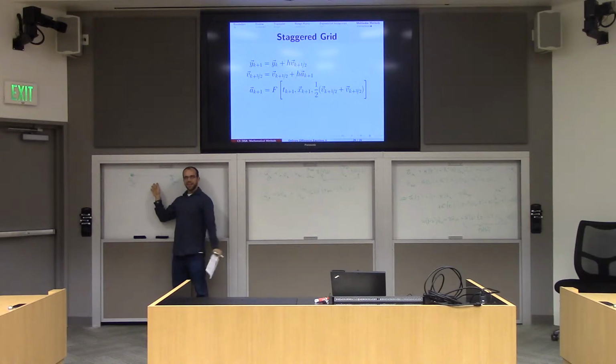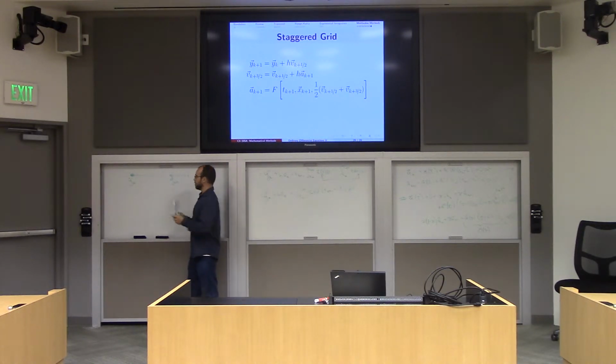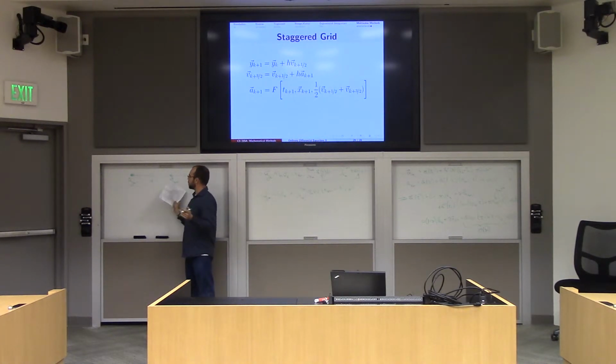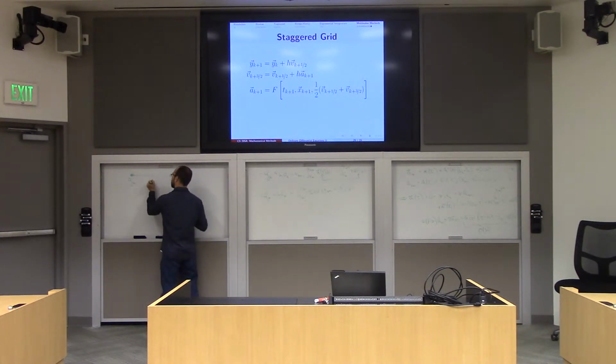But somehow, democratically speaking, if you don't know where to put your divided difference derivative, it kind of makes sense to put v here, because anything else you do is inducing error. In fact, you saw it: it's a first order approximation of the derivative at these two places, and second order in the middle. So in fact, what these staggered methods do is they say, okay, so be it.